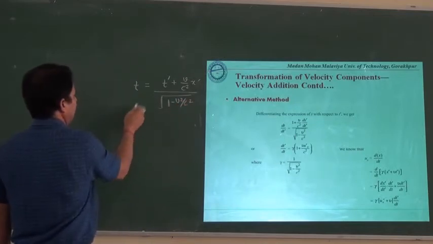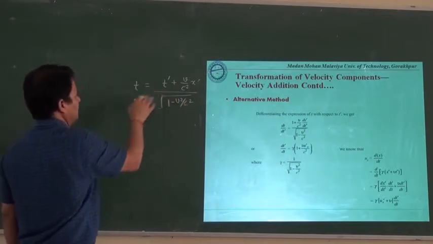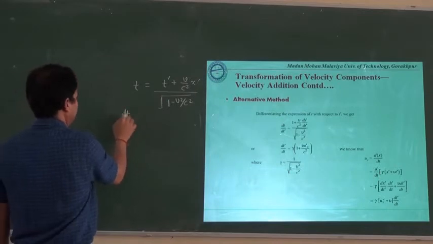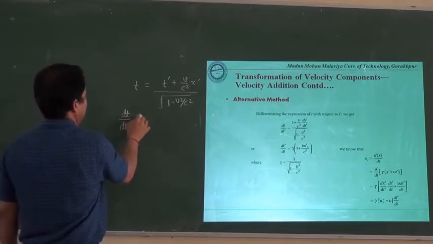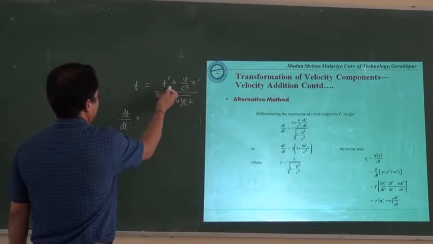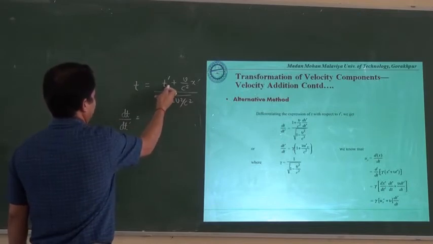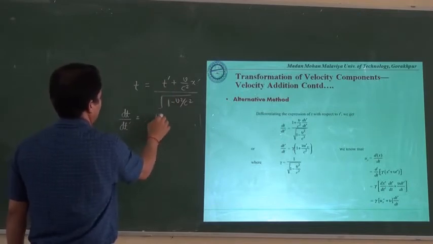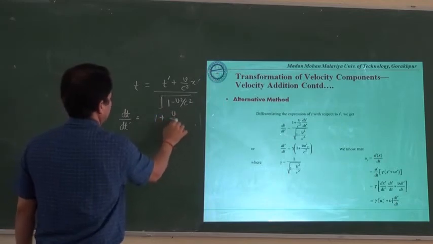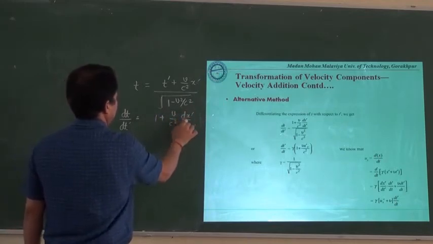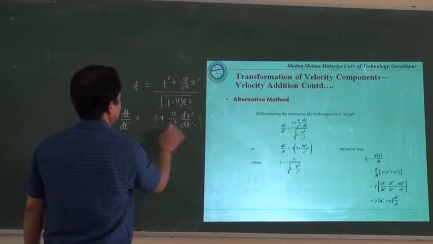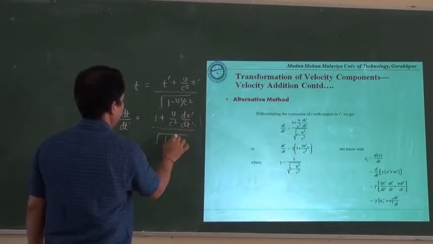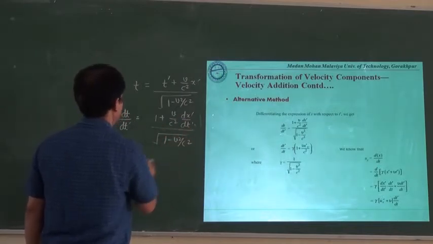If we differentiate the entire expression with respect to t dash, then dt upon dt dash will be equal to 1 plus v upon c square dx dash upon dt dash, and in the denominator we will have under root 1 minus v square upon c square.